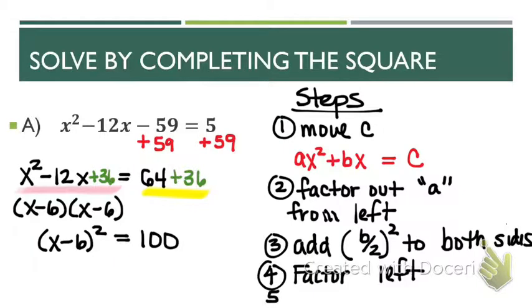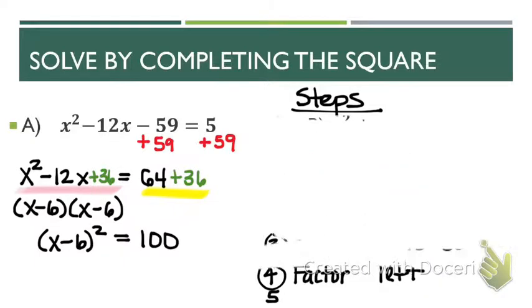I'm going to have to erase the steps. So step 5 is to take the square root of both sides.